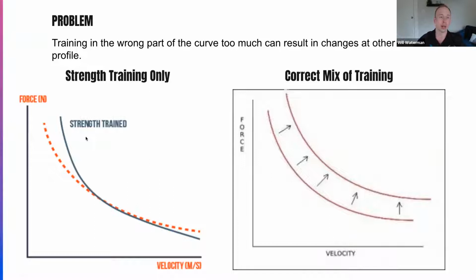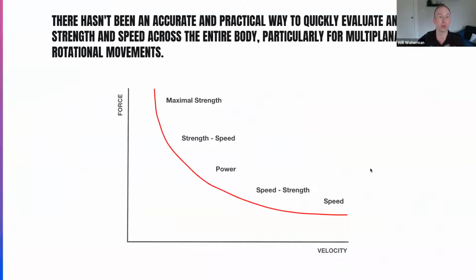If you strength train that individual only, you're going to make a positive change on the force velocity curve, but only on the high force, low velocity side of things. And you might actually make them slower and less powerful on the bottom side of this curve, so with lighter loads. So you really need a correct mix of loads in training and speeds to achieve the best outcome. And that's what we're trying to solve.